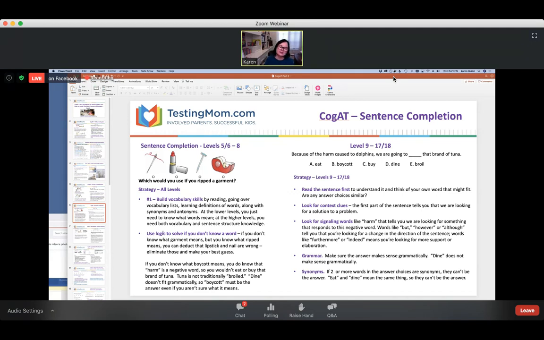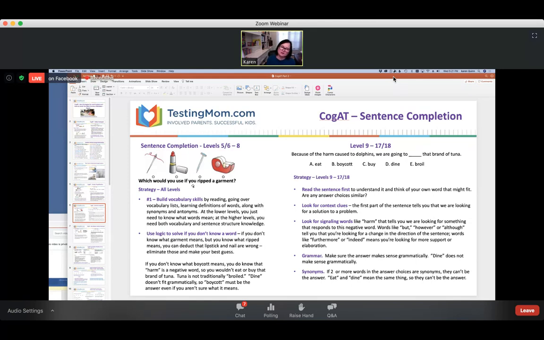Now, here is a strategy. Let's say you see a question like this, but you don't know exactly what all the words mean. Which would you use if you ripped a garment? Let's say you don't know what a garment is, but you do know what ripped means.